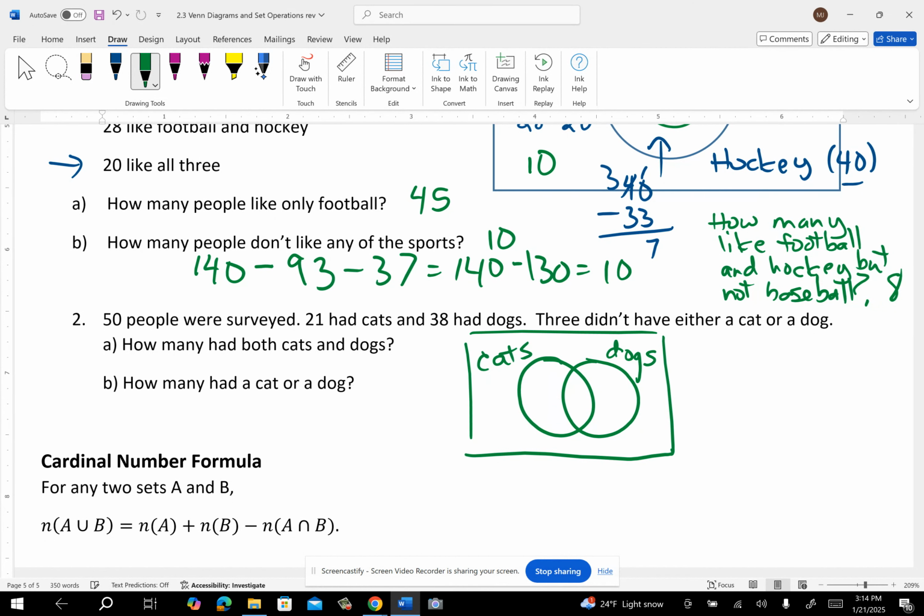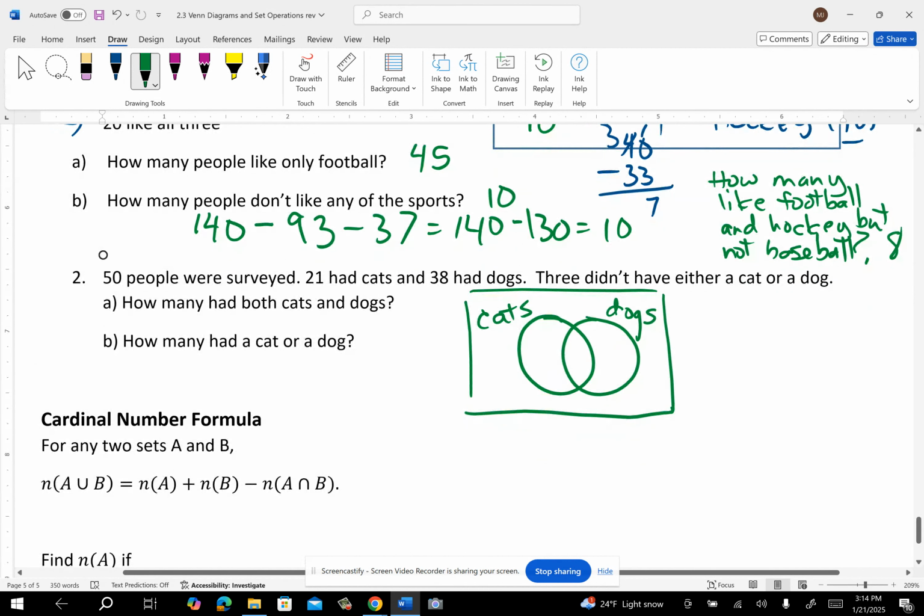So 50 people were surveyed, so there should be 50 in the box altogether. 21 people had cats, means the cat circle all total has to be 21. 38 had dogs, means 38 people have to be all together in that dog circle. I can't really put those in quite yet. I just know the total for the cat circle and the total for the dog circle. Now, 3 didn't have either a cat or a dog, so I know there's 3 out here.